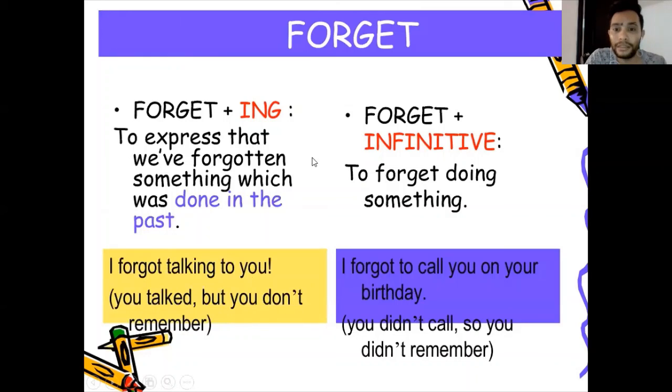That's what it means. In the case of forget with the infinitive, it means to forget to do something. Like, I forgot to call you on your birthday. Aquí la acción no se realizó. Se te olvidó, se te pasó, la acción nunca sucedió. Simplemente lo olvidaste por completo. You didn't call, so you didn't remember. That's what it is.